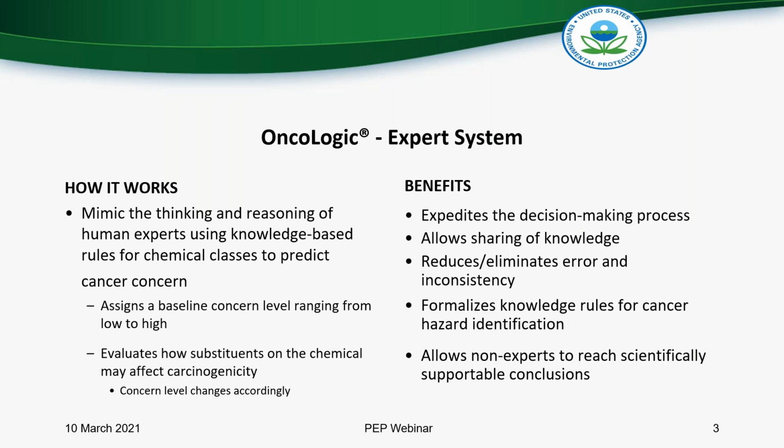There are many benefits of using OncoLogic. It expedites the decision-making process, allows for sharing of knowledge amongst assessors, reduces errors and inconsistencies amongst the assessment team, helps formalize knowledge rules for cancer hazard identification, and allows non-experts to reach scientifically supportable conclusions.